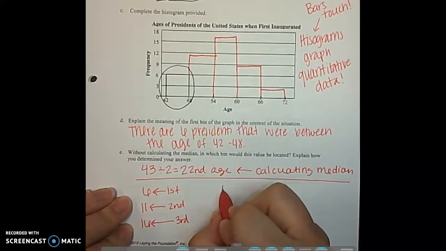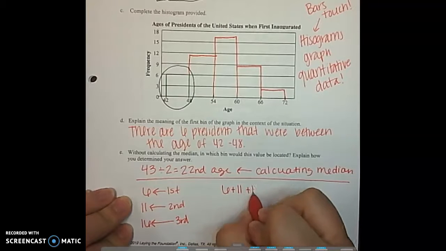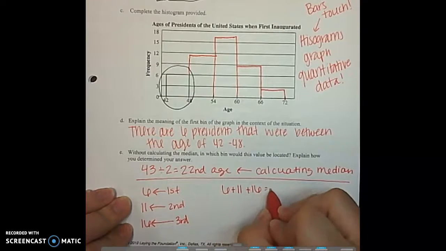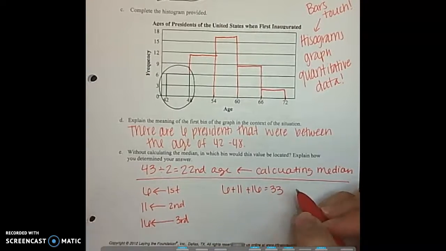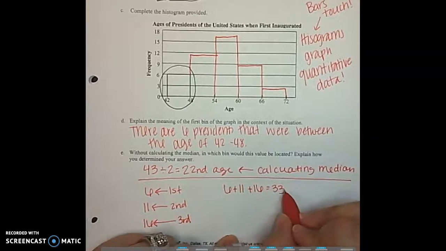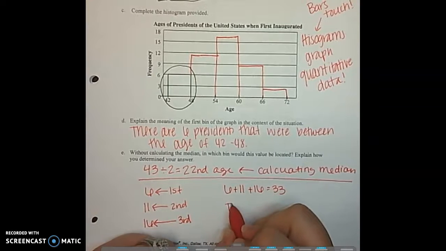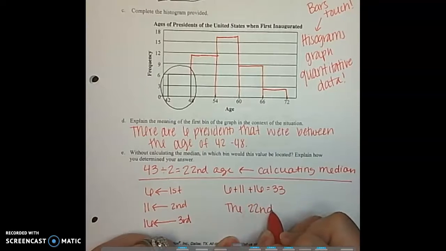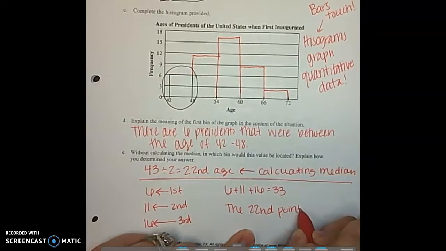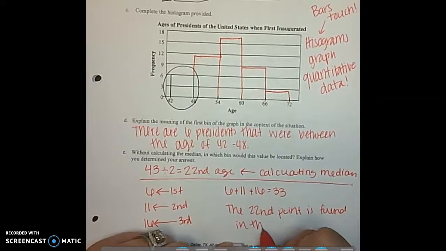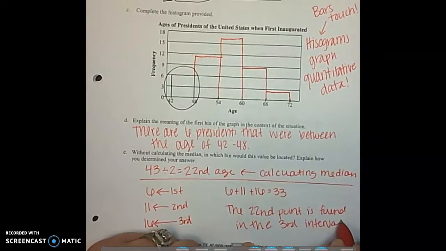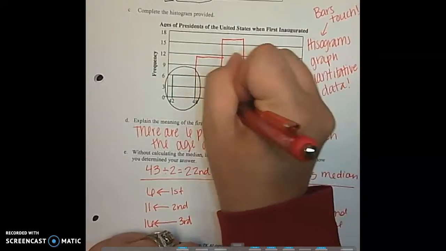So if we add these together, 6 plus 11 plus 16, we get 33. So that means that the 22nd point is found in the third interval, which would be right here.